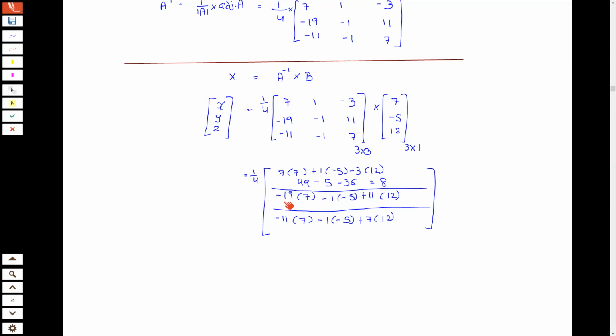Here I have values like this. 19 sevens are 133. So it is minus 133 plus 5. 12 into 10, 120, 132.